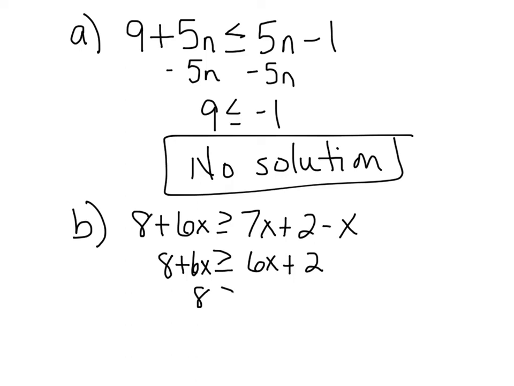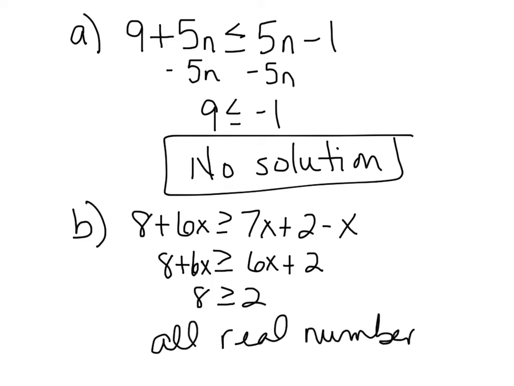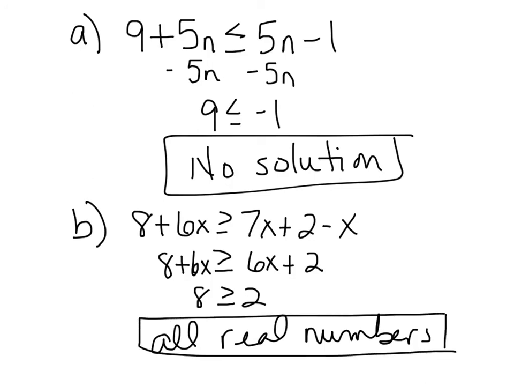So I am left with 8 is greater than 2. Is 8 going to be greater than 2 or equal to 2? Yes, it's always going to be true. Therefore, this answer is all real numbers. So I want you to do practice A, numbers 9 and 10 on your own.